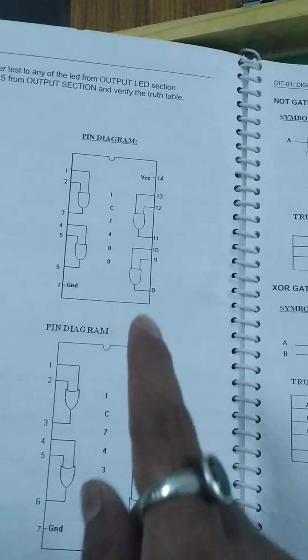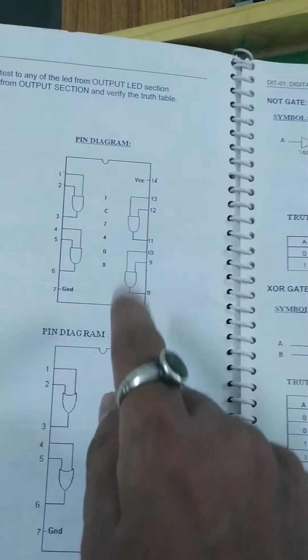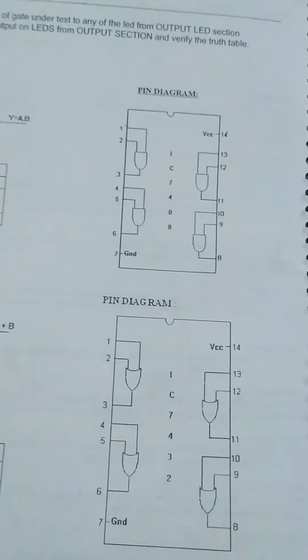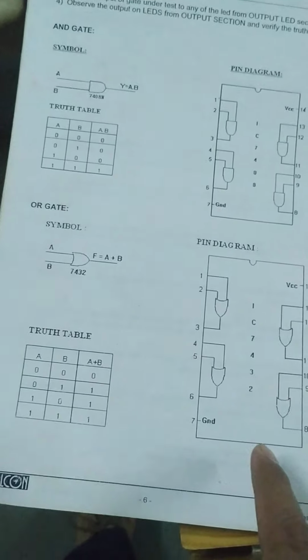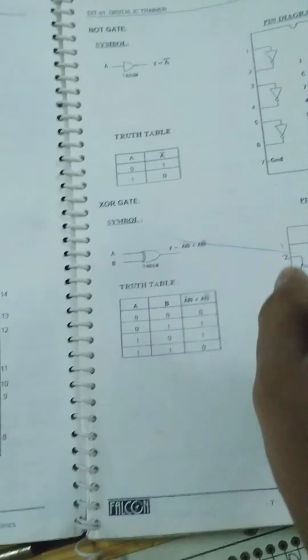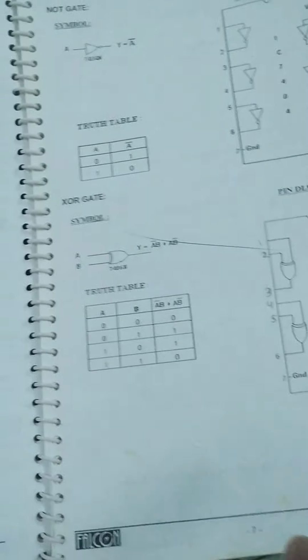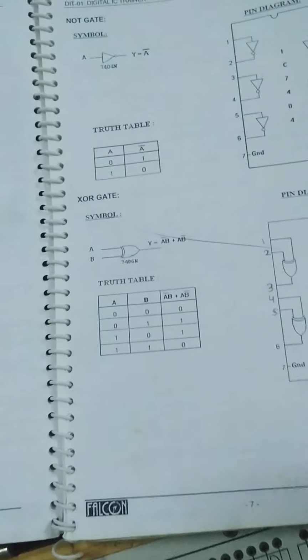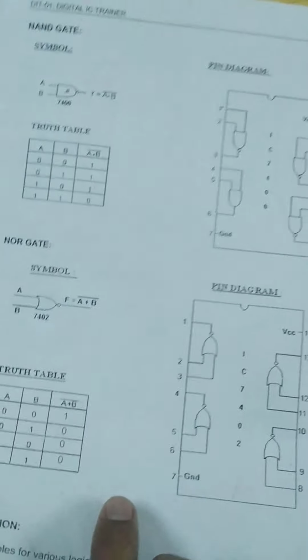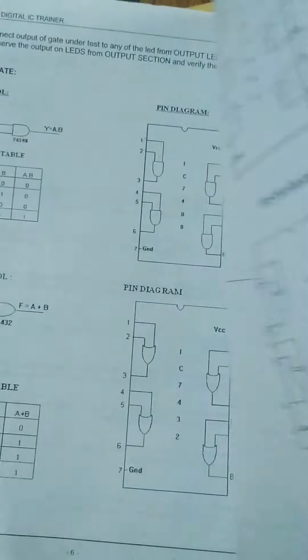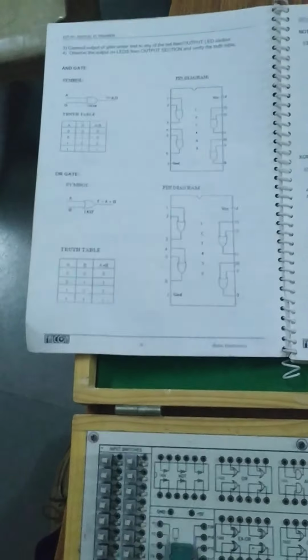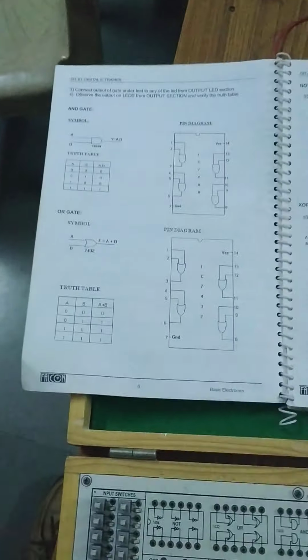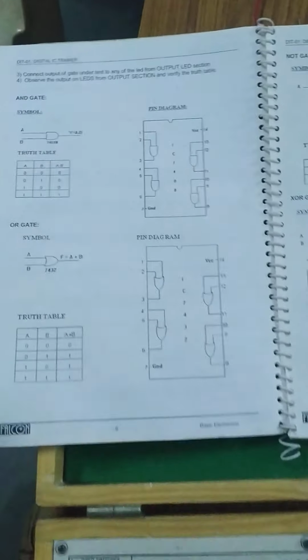You can see in the diagram, IC 7408 is the AND gate IC, IC 7432 is the OR gate IC, 7404 is the NOT gate, and the XOR gate is 7486, and you can see the NOR and NAND gate ICs similarly. Now we will start verifying the truth table of various gates.